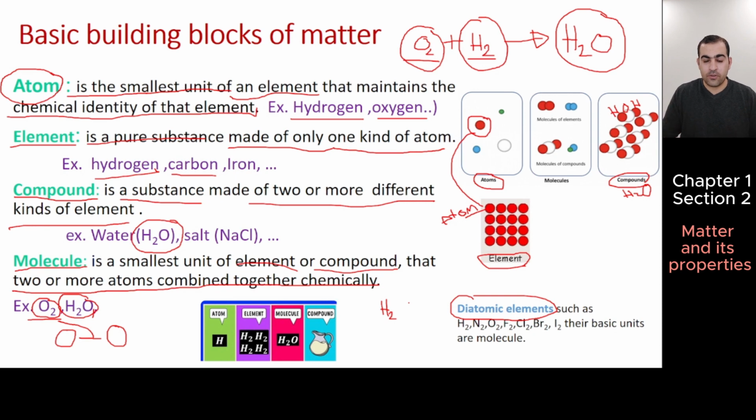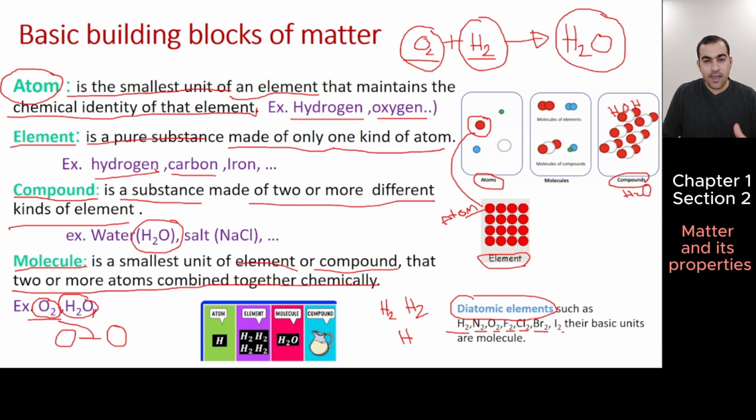You don't find a single hydrogen atom alone in nature. This is the same for the others: nitrogen, oxygen, fluorine, chlorine, bromine, iodine. We call them diatomic molecules because their atoms are in pairs. Two atoms have bonded together.